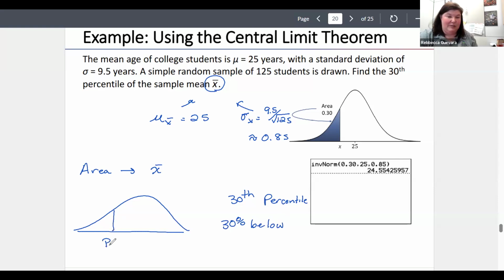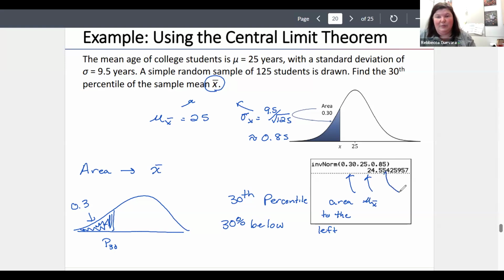So whatever that percentile is, P30, what we expect is that this side of the distribution has an area of 0.3, or like I said, 30%. So remember, when you're doing the inverse norm, we're doing area to the left, then we are going to have the mean. For this time, because we're talking about X bars, we're going to do the mean of your X bars, the mu sub X bar, and then we're going to have the sigma of the X bars.